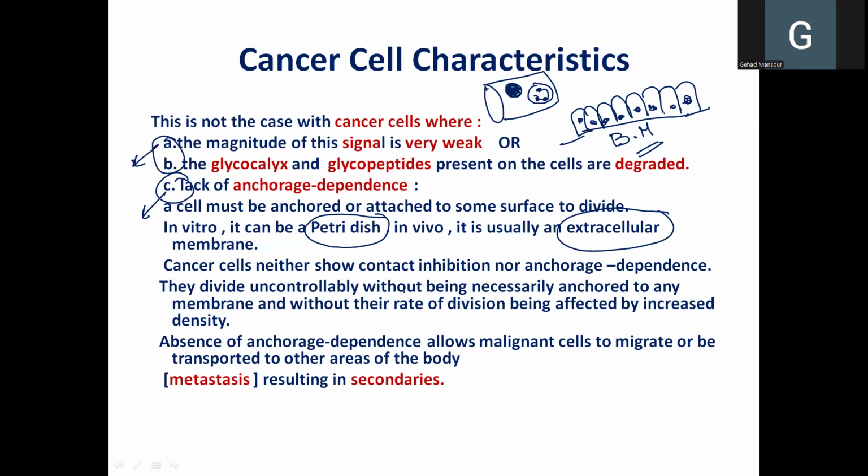They divide uncontrollably, without being necessarily anchored to any membrane, and the rate of division stays high even when they are dense. And this absence of anchorage dependence is what allows malignant cells to be transported to other areas of the body, resulting in metastasis and secondaries.